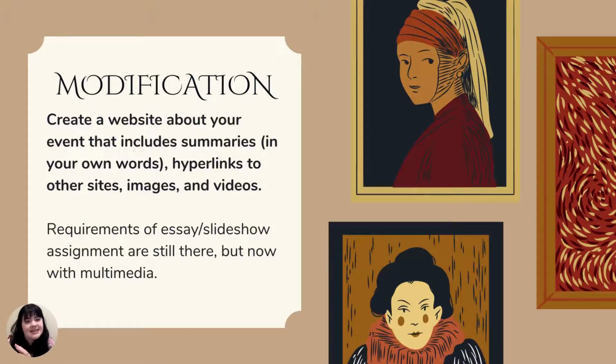So the requirements of the previous essay and slideshow assignments are still there. Students are still writing information in their own words, looking at sources, and doing a little bit of multimedia work. But now this is all entirely digital, and the multimedia aspect of it has increased a lot.